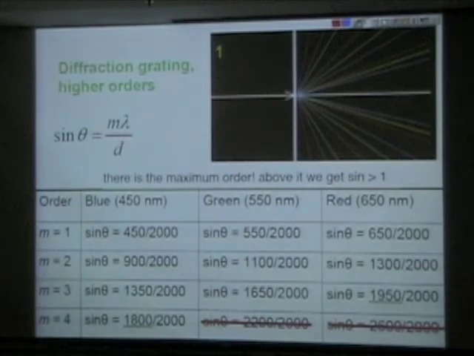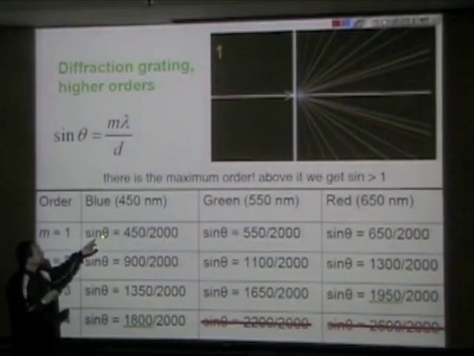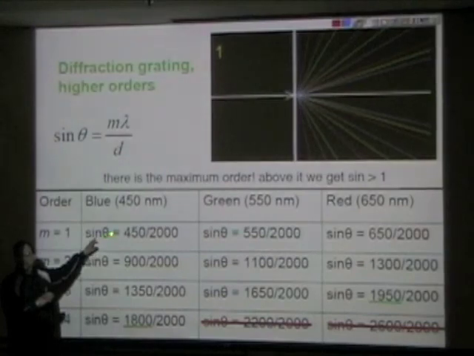So, this is an example of a calculation involving higher orders of maximum. First, second, third, fourth. What is happening? Well, in this part, we're comparing the location of the maxima for 3 different colors: red, green, blue. The straightforward calculation gives the value of the sine for the first maximum of the blue.